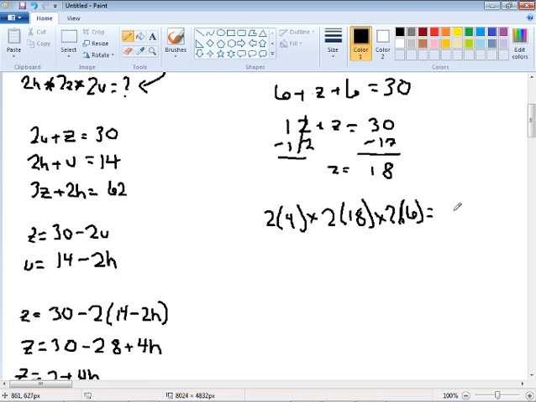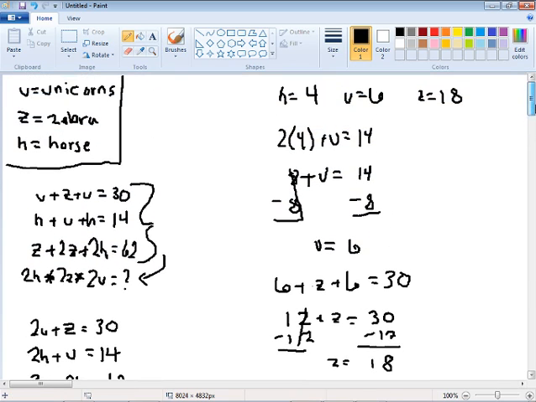And this is going to equal 3,456. And that is how you solve it using the substitution method.